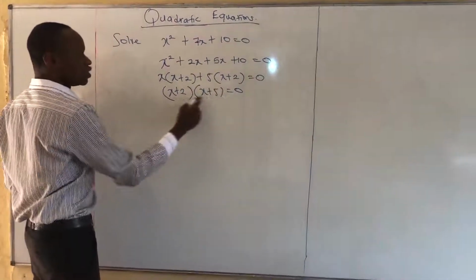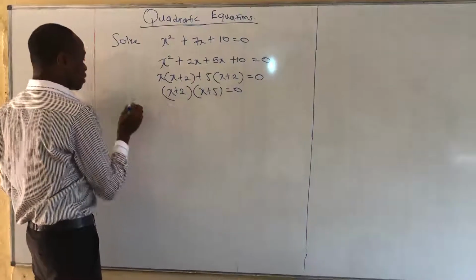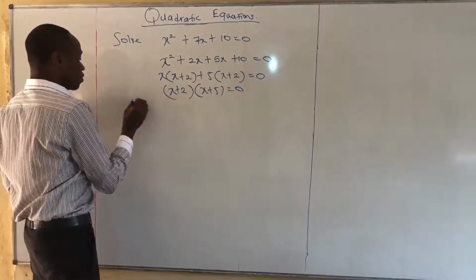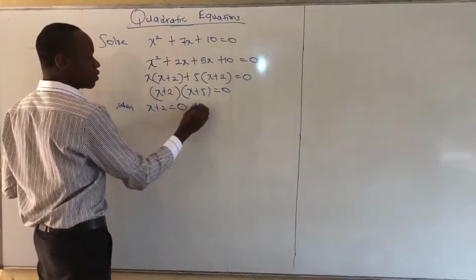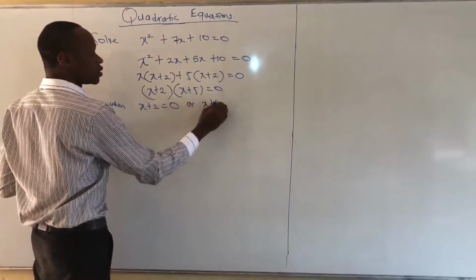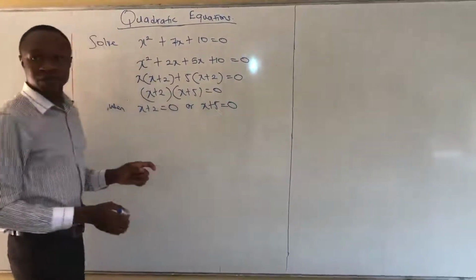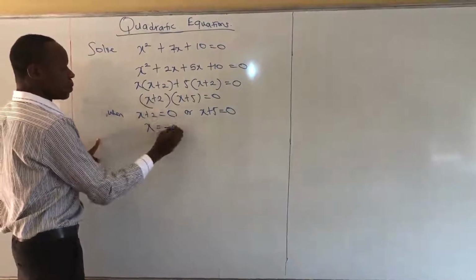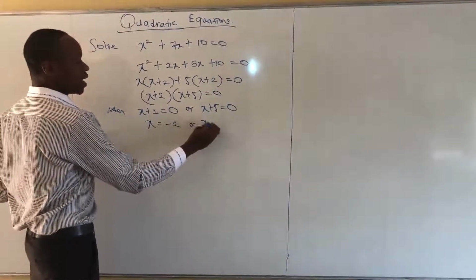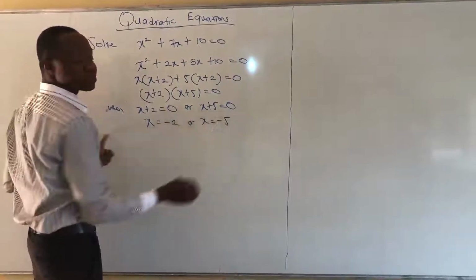The product of these two is 0 only if x plus 2 is equal to 0 or x plus 5 is equal to 0. If you solve this, you will have x equal to minus 2 or x equal to minus 5.